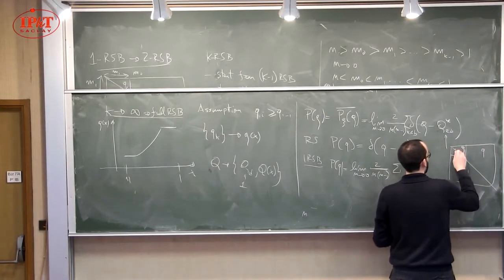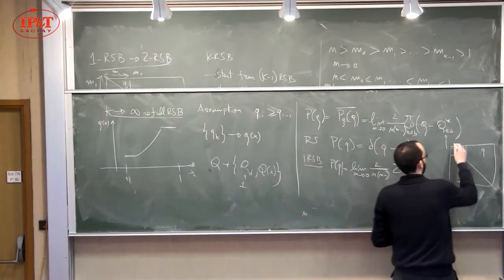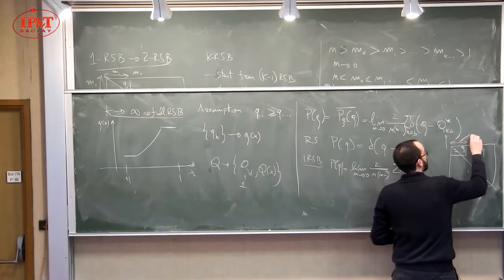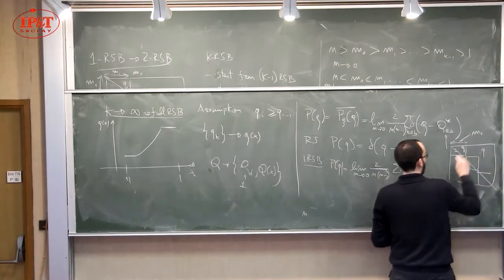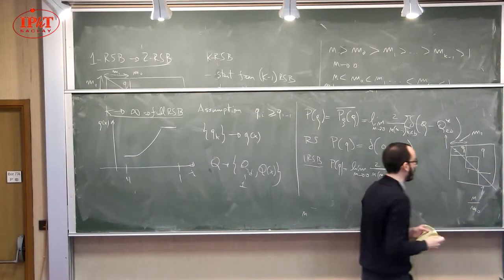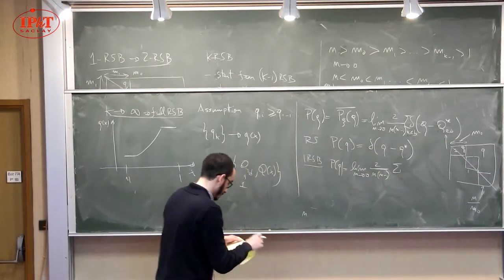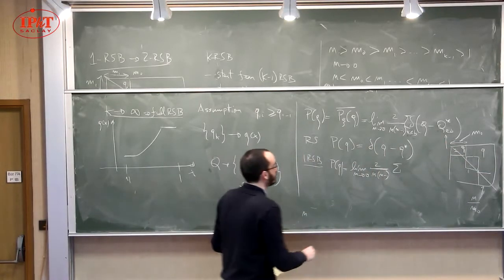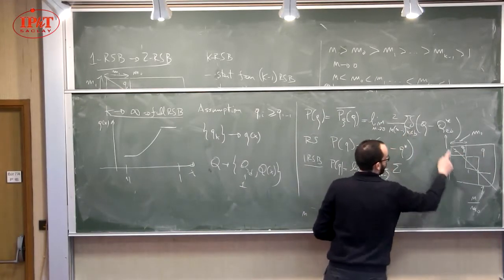On the diagonal I have 1, but the diagonal is completely irrelevant. And this is m0, okay? And then I have n over m0 blocks. So let me compute this, assuming this form for the matrix q_ab.